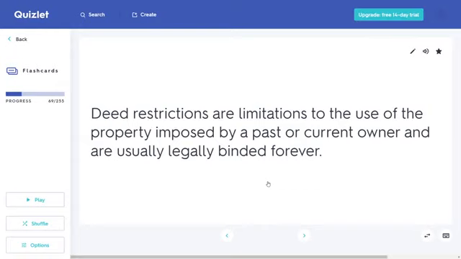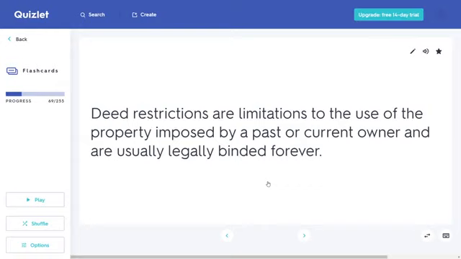So, what's an example of a deed restriction? Do any of you guys know? Well, I'll give you one. Let's say somebody has a historical property and maybe there's a tree on it. And maybe that tree was Benjamin Franklin's, maybe he discovered something under that tree. And the owner imposed a deed restriction on the property that the tree cannot be cut down, no matter what.